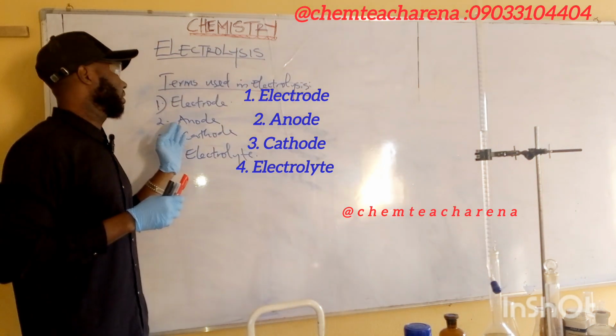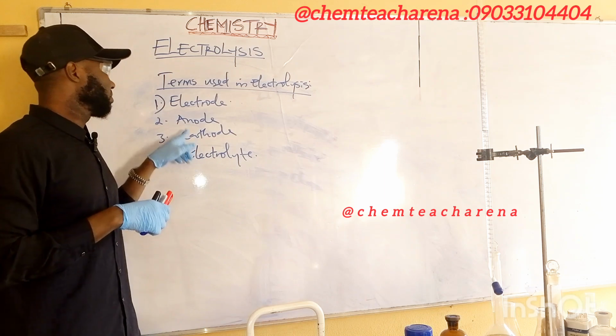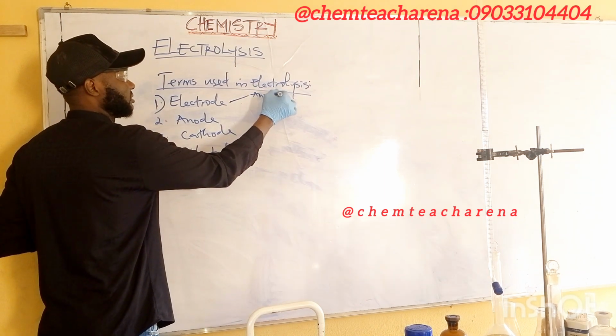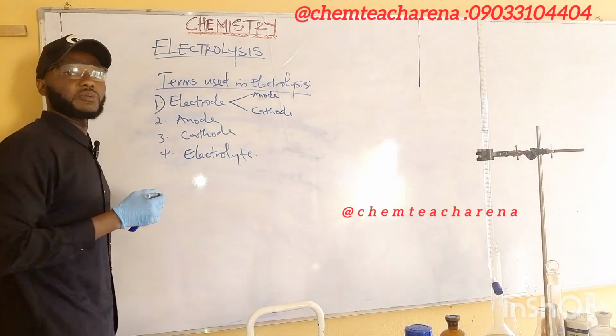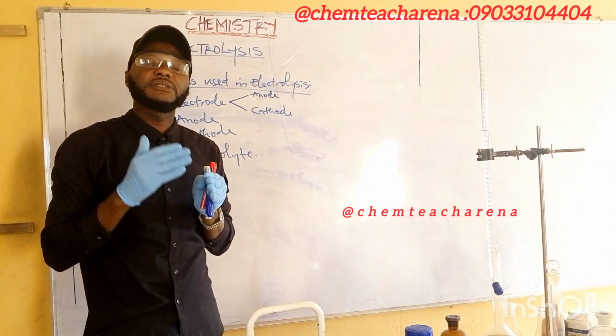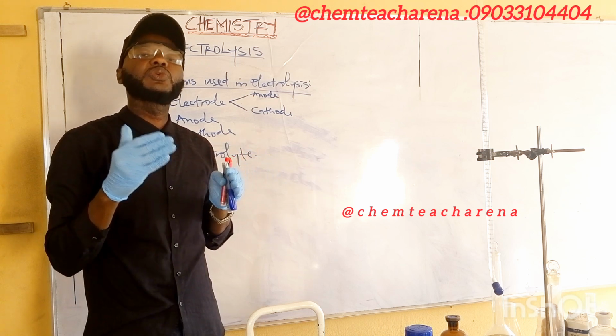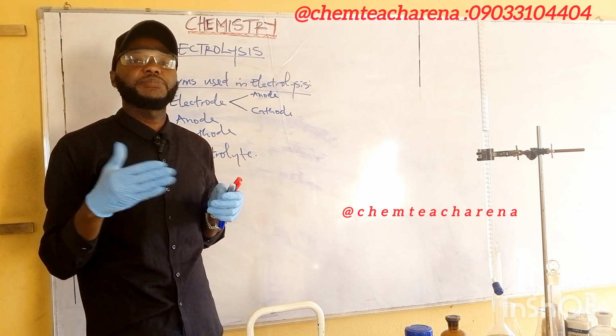Then the second one here, we said that electrode is further classified into two: we have anode and cathode.